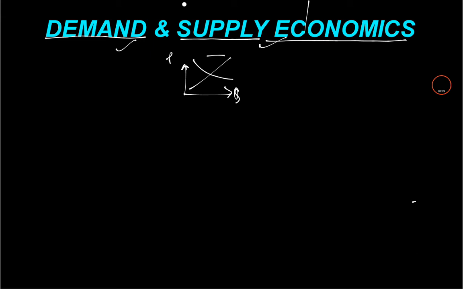So first, let's take a look into the concept. The demand is actually the consumer side, meaning you and me, the normal people, who buy things and whose target is a higher level of utility.